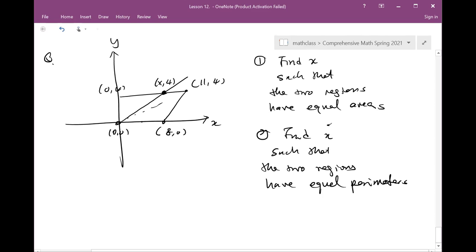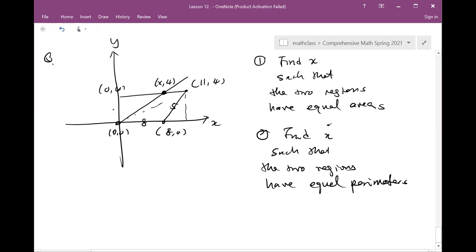Let's look at this. This side is 8. For this side, use the Pythagorean theorem: 11 minus 8 is 3, and with 4, this is 5. So 5 plus 8 is going to be 13.